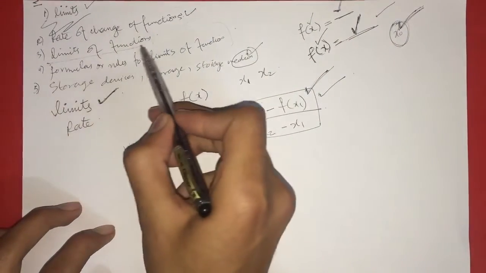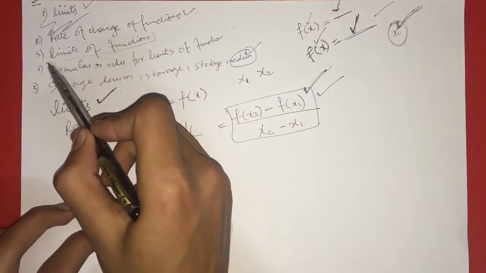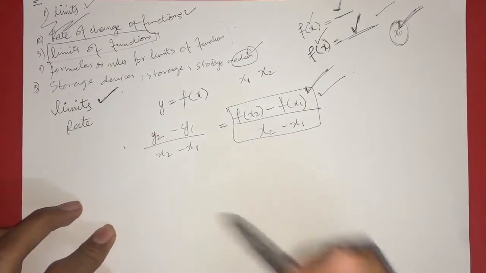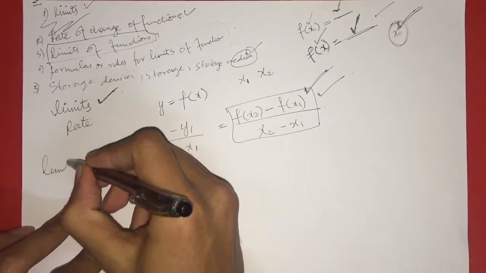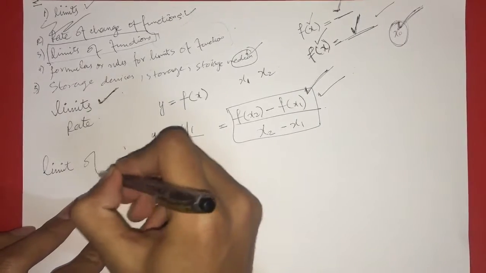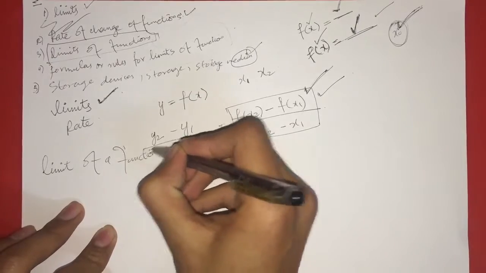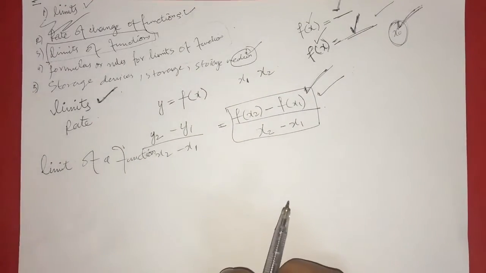Now let's calculate the limits of a function. So what is the limit? How do you calculate the limit of a function? What is the basic logic behind the limit?